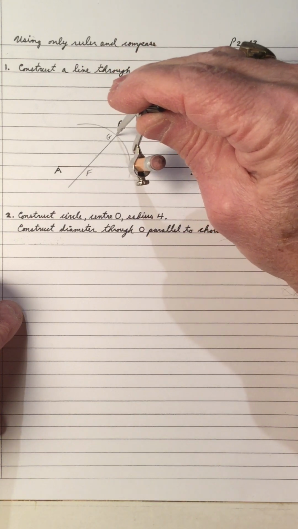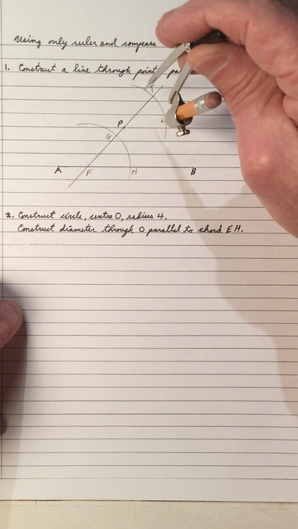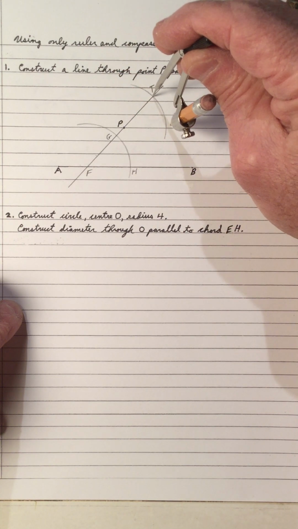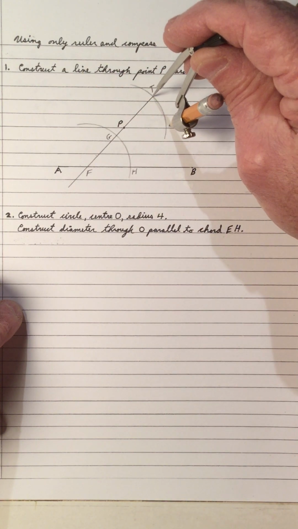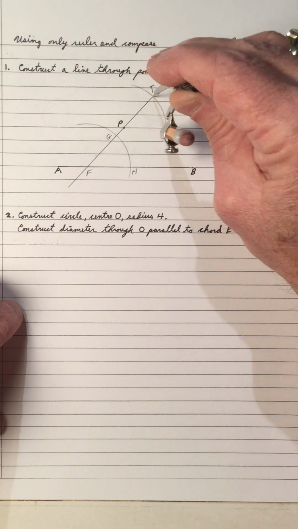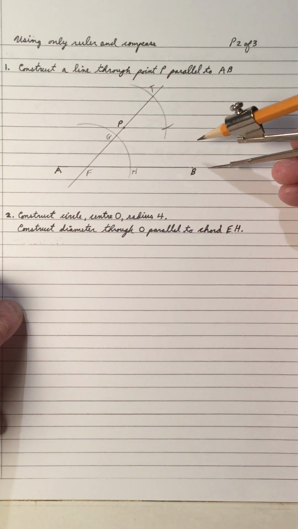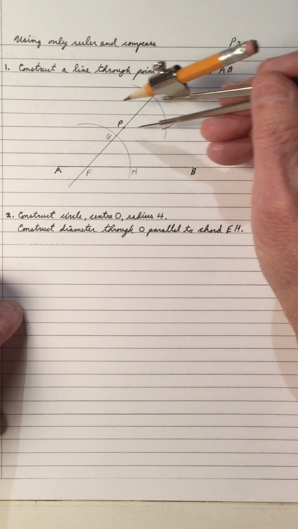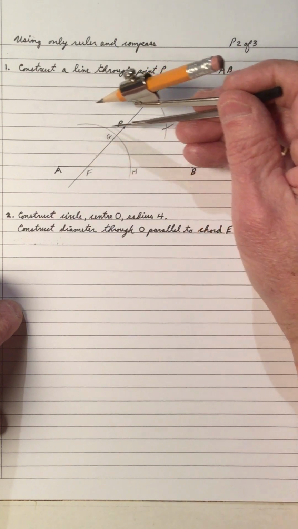So I'm getting the distance of the segment from G to H. So I go up to T, which is on the line PF, and I draw an arc. As it happens, I had this segment on this line, so the one that's going to be parallel to it will be on this line, right here, going through here.